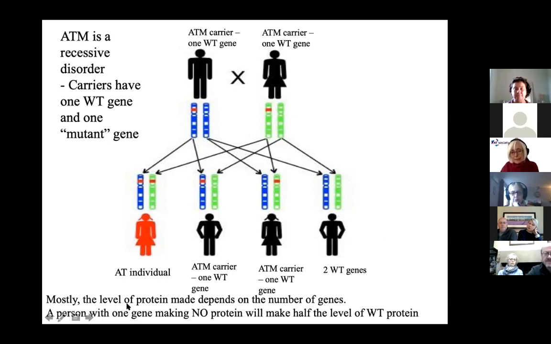And mainly, the level of the protein depends on the number of genes. So a person with a gene that makes no protein will have half the overall level of ATM protein compared to a normal individual.